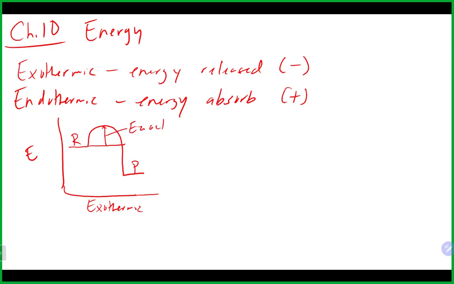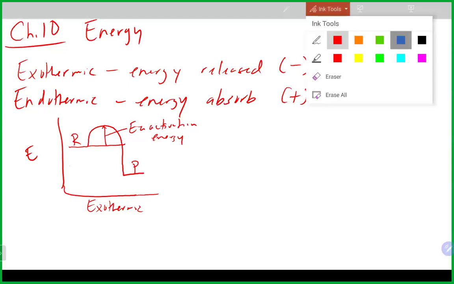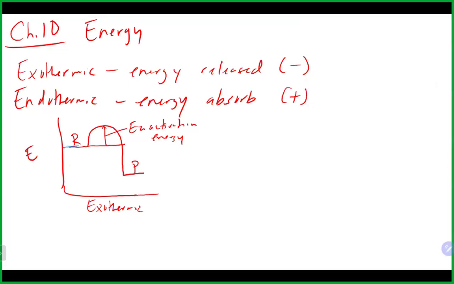That's our activation energy. The difference between the reactants' energy and the products' energy is our delta H for the reaction, or our change in enthalpy, and if it's negative, it means it's an exothermic reaction.